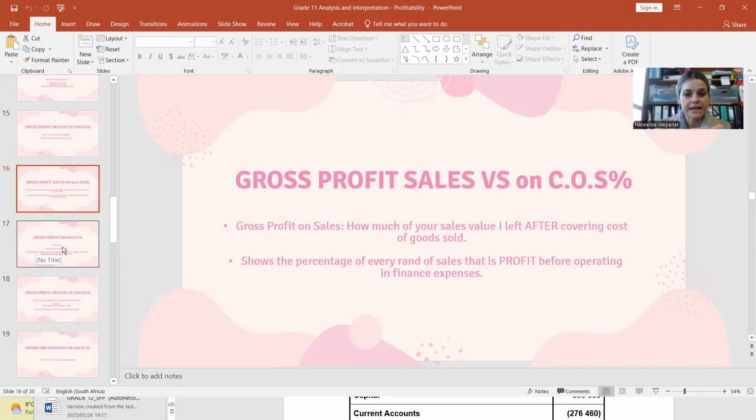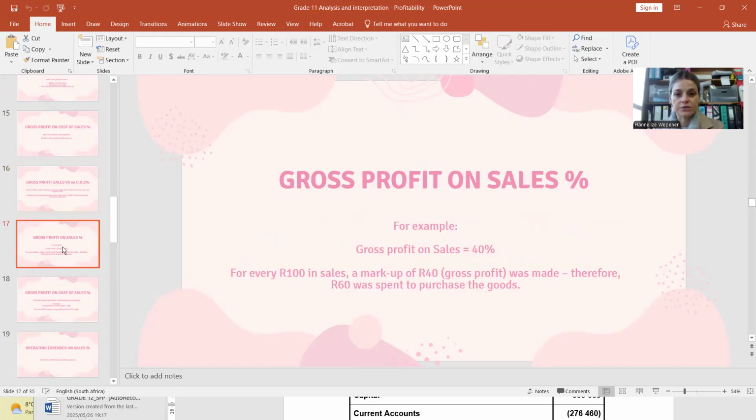So how much of my sales do I have left after the costs of the goods were taken into account? So for example, if you have a gross profit percentage of 40%, it means that you made a gross profit of 40 Rand for every 100 Rand in sales. So therefore you spent 60 Rand to be able to make this sale.